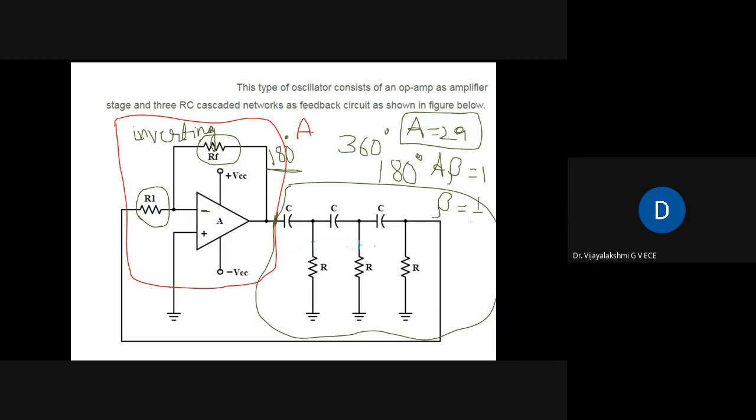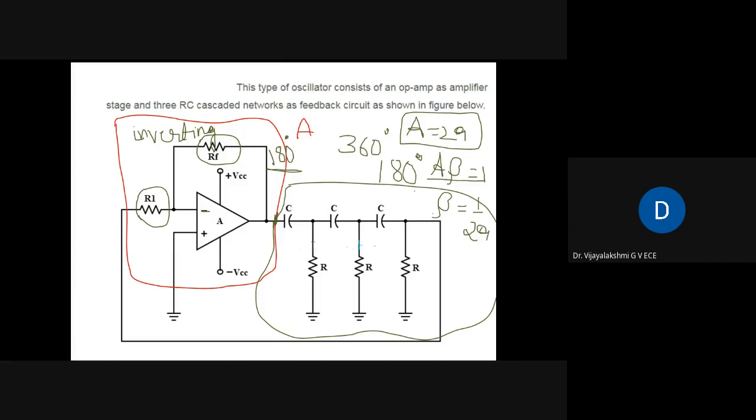So this is how we select the amplifier and the elements of the feedback network. You have to select the elements RF and R1 such that it provides gain of 29, and to satisfy the Barkhausen criteria, that is A beta is equal to 1, the feedback network has to be selected such that it gives me beta of 1 over 29. Okay, so this is the condition for sustained oscillation.